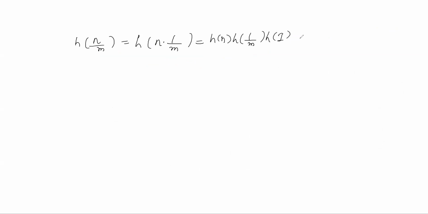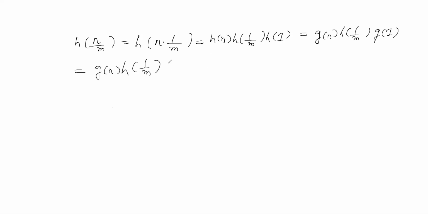Now on integers they are the same, so this means what? H of n is the same as G of n, and H of 1 by m. Now H of 1 is also G of 1 because 1 is an integer. Now this thing you can write as G of n, H of 1 by m.